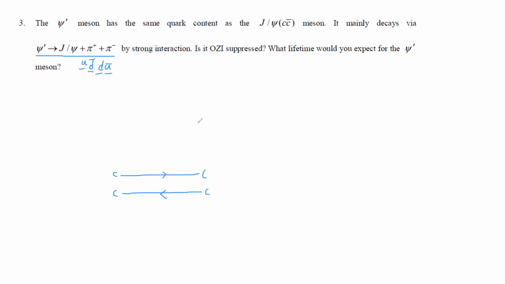So we can draw like this. This will be the positive pions. This will be the negative pions.